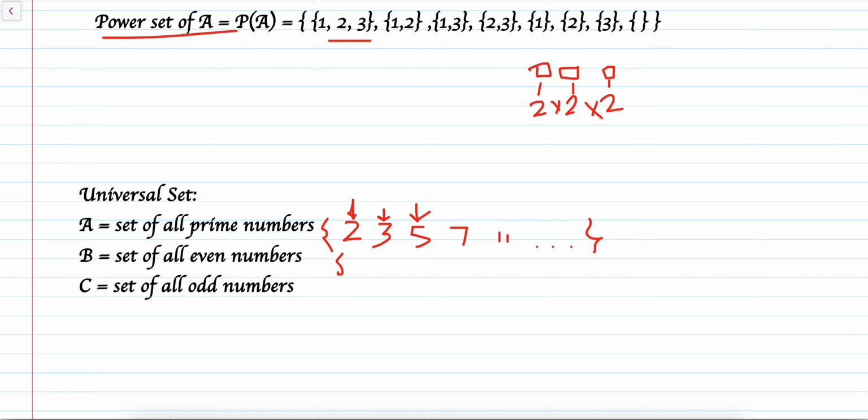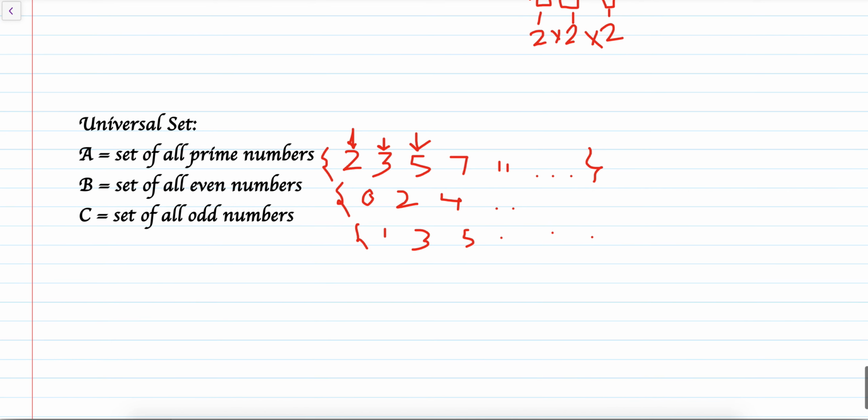Even numbers, we can write 0, 2, 4 and so on. Odd numbers we will write 1, 3, 5 and so on. So here we are talking about only these three sets.